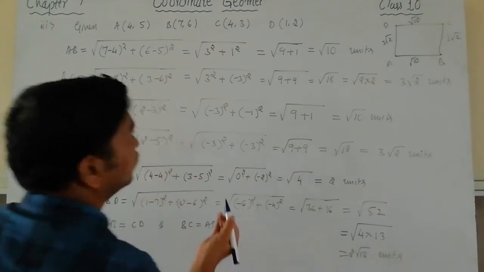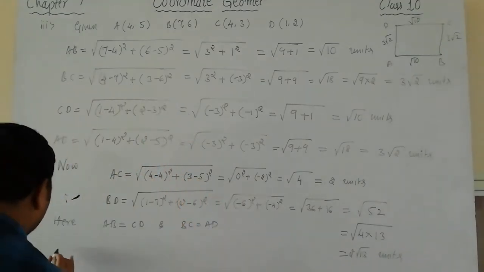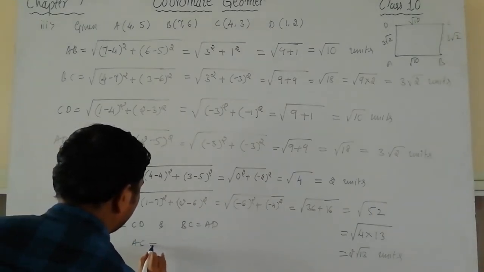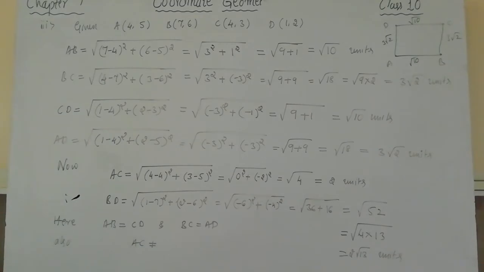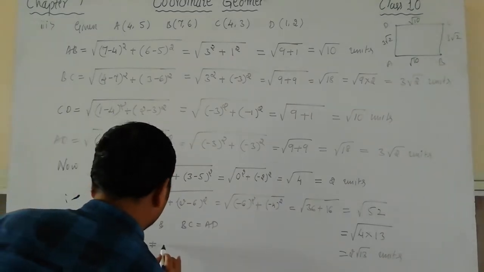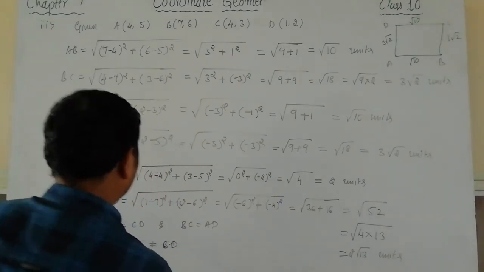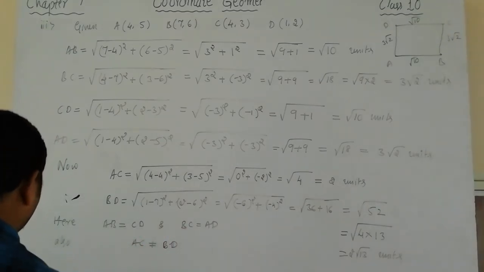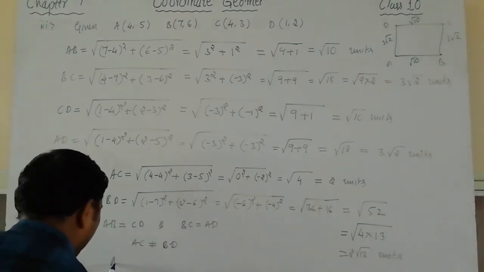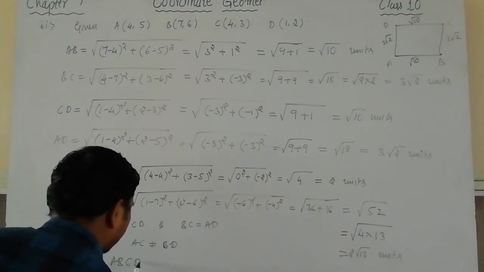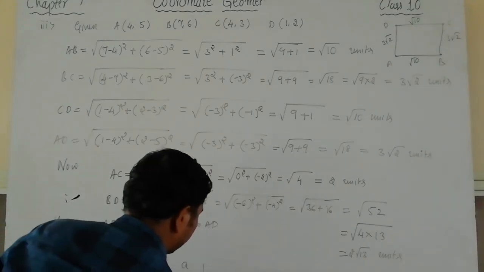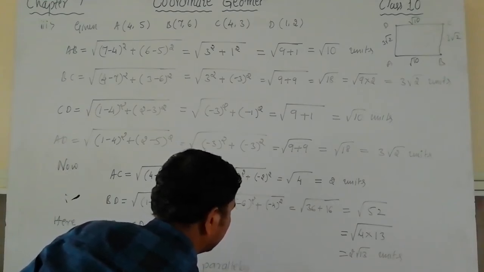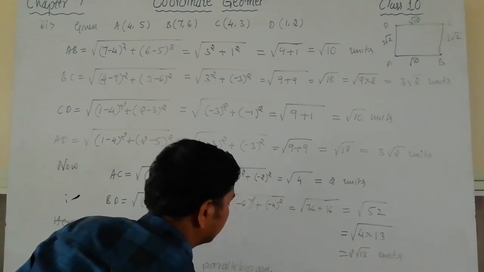Also AC not equal to, remember, not equal to BD, means opposite sides are equal, diagonals unequal. Therefore ABCD is a parallelogram. This completes the solution of this question.